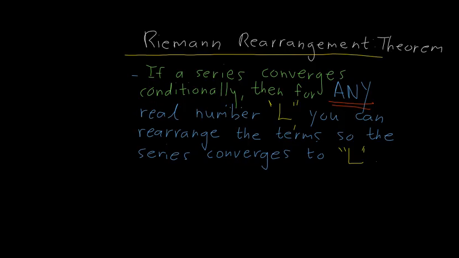Let me show you how the Riemann rearrangement theorem works. Suppose I want the sum to equal 5. Let's make our target 5.